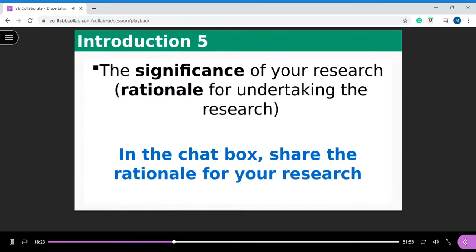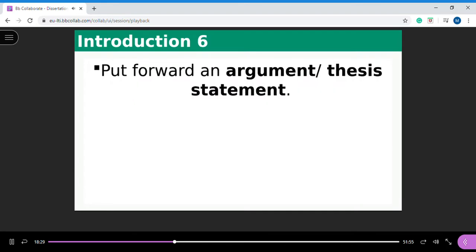So if you talked about why it's worth doing, the next thing, which we're going to come back to, is that one of the key parts of most dissertations is a strong argument. And you should state this argument, or another word for it is thesis statement, from the outset in your introduction. With a dissertation, you give it in whole.